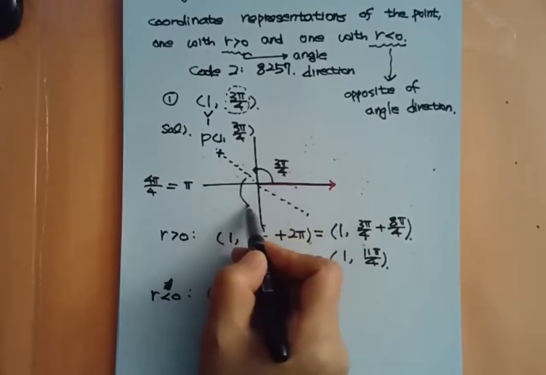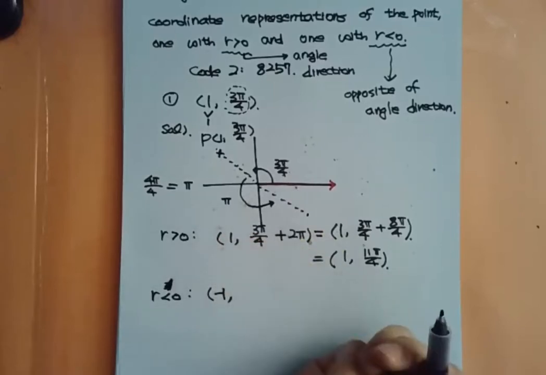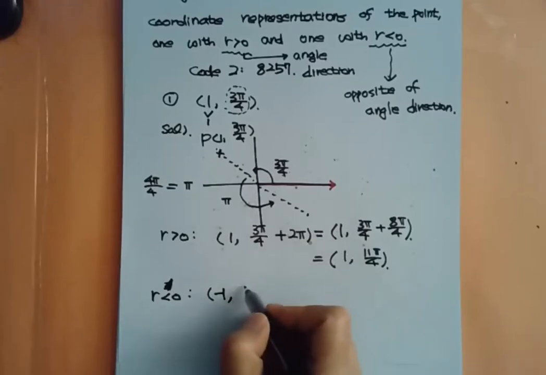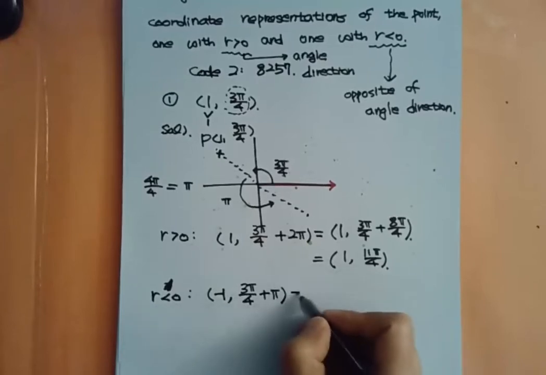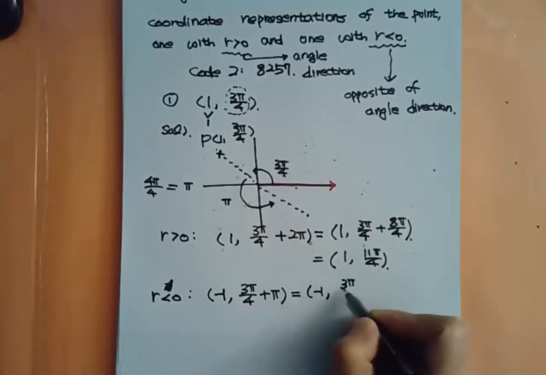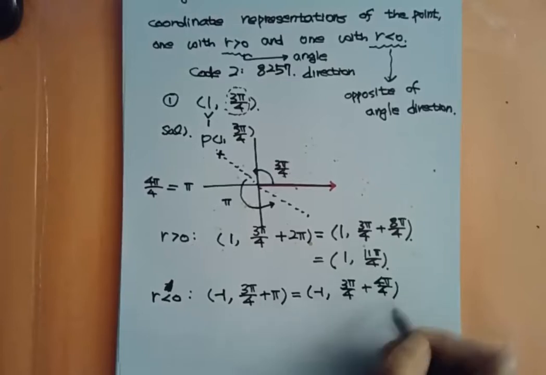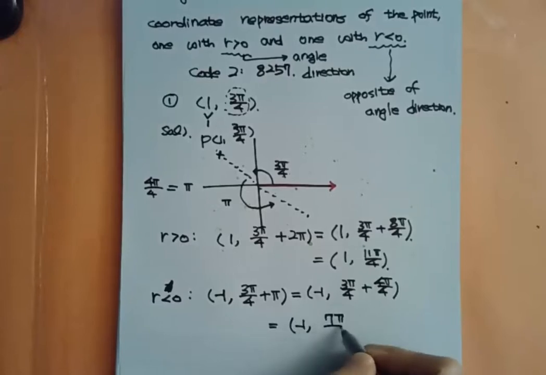So I said that the opposite angle is obtained by adding pi or subtracting pi. So this time we will add pi to the given angle. So we have -1 and 3 pi over 4 plus 4 pi over 4. So that becomes -1 and 7 pi over 4.